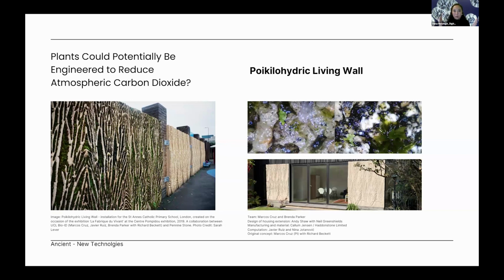The whole square meter of Earth would be less than all the vertical spaces that we have on this planet. So could we rethink how we use vertical spaces and potentially reduce atmospheric carbon dioxide using engineered plants? This project is in London, in one of the primary schools.